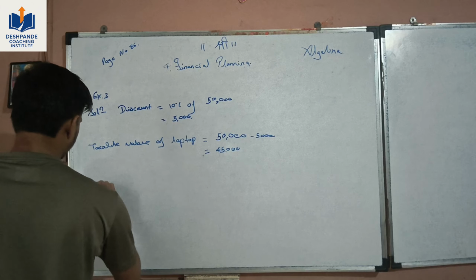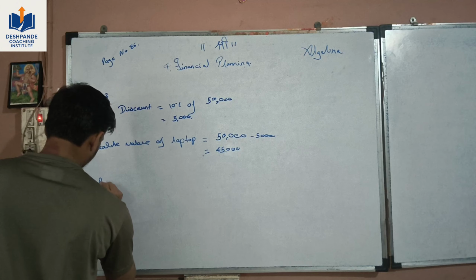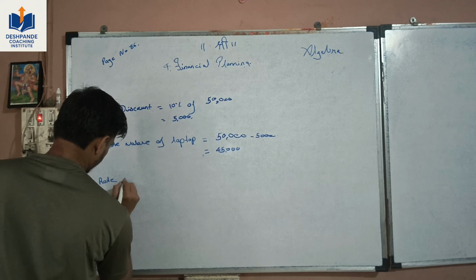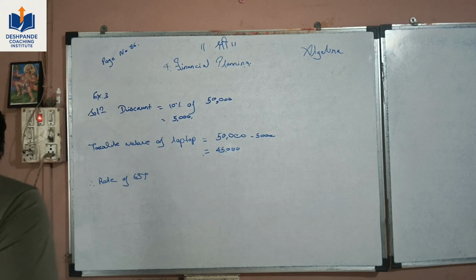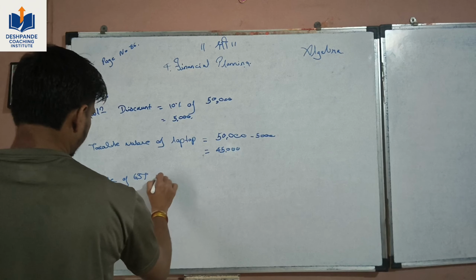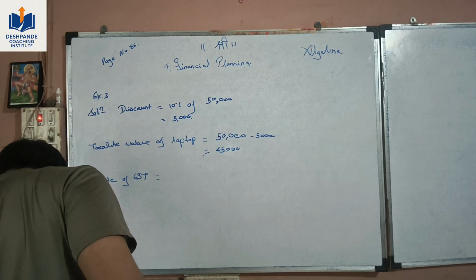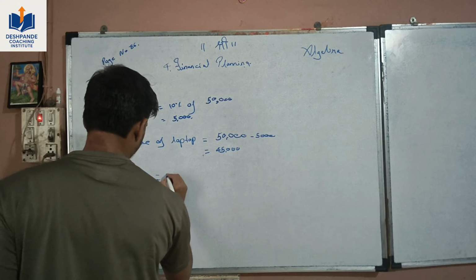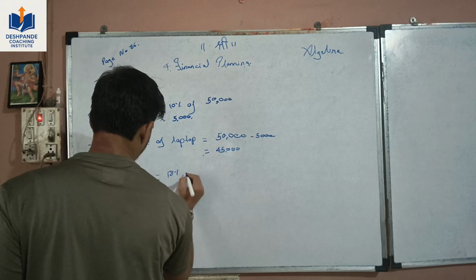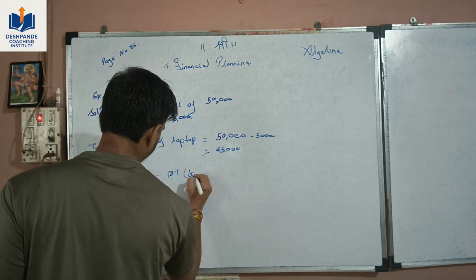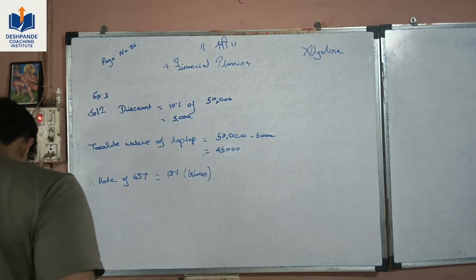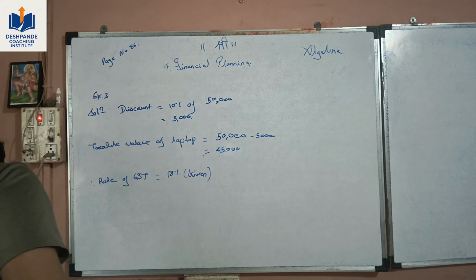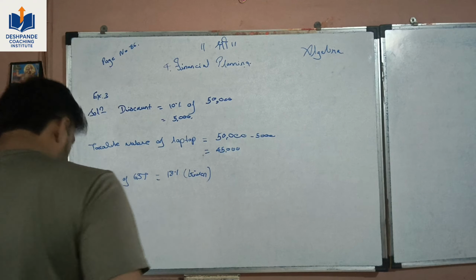What will be the rate of GST? It is given in the question. Rate of GST is 18%. I will write it as it is given in the question, so you will not get confused about where the percentage came from.